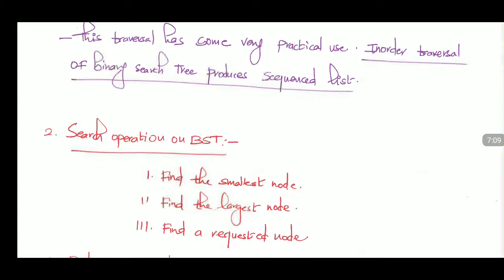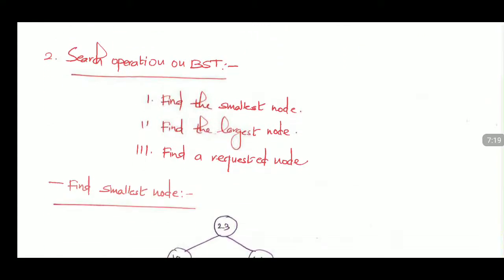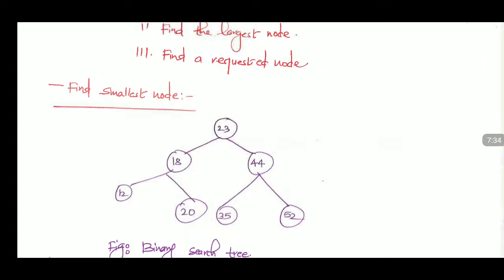Now the second operation to be performed on a binary search tree is the search operation. Basically, that searching operation might be for getting a smallest element, getting a largest element, or finding some requested element. Now, to get a smallest element, what do we do?